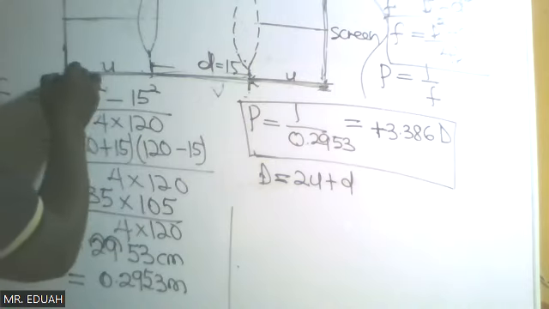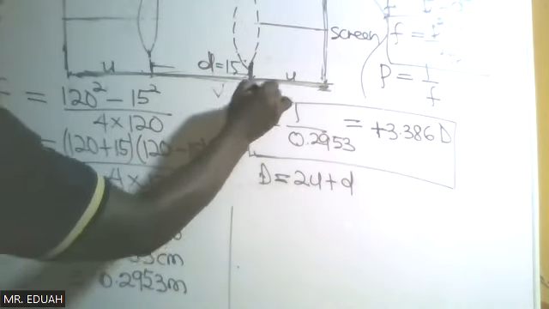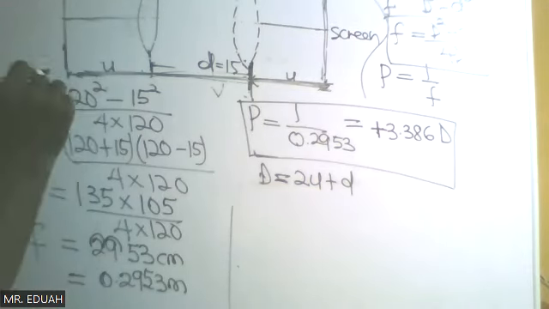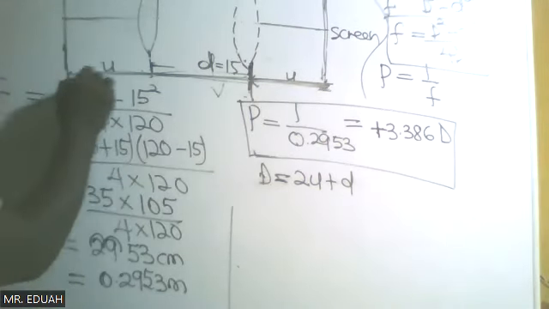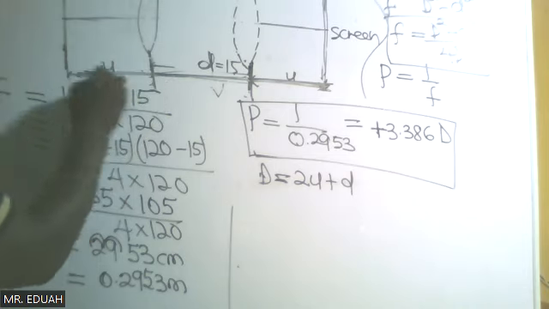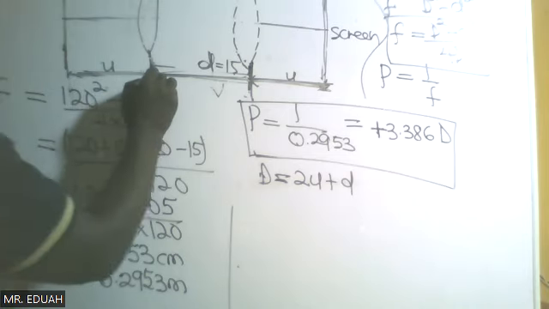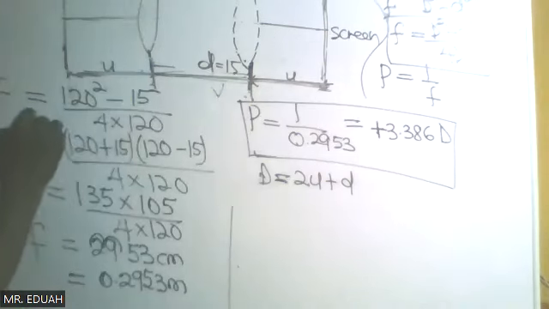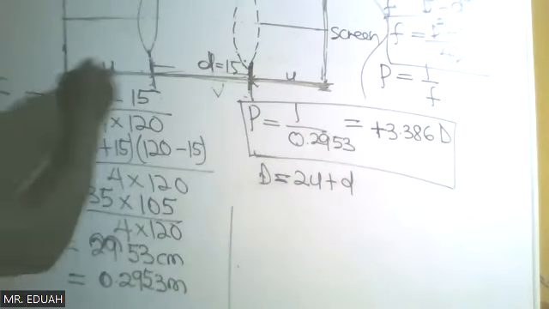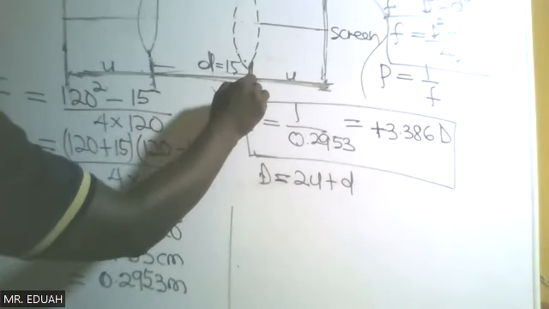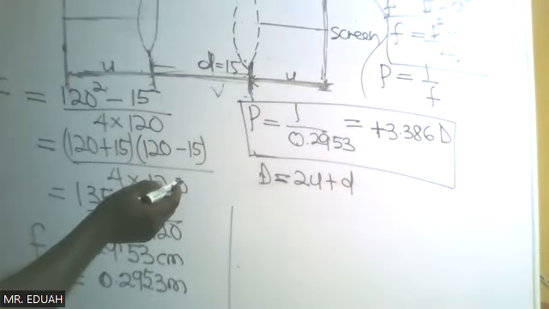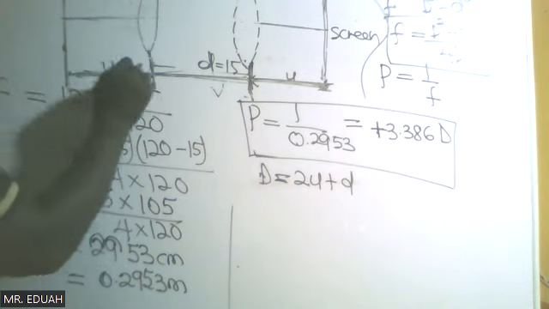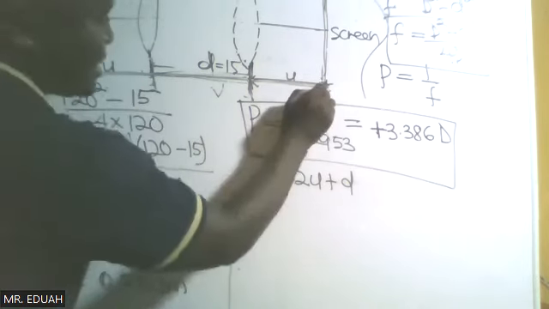If from here to here is 70, this is 30. Are you following? If this is 40, this is 60.